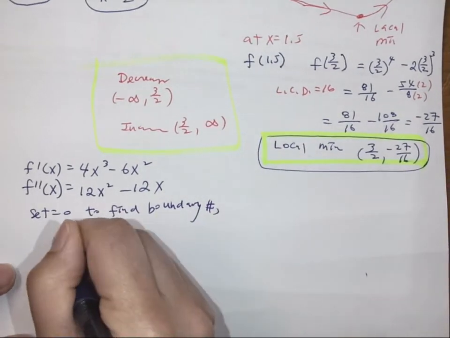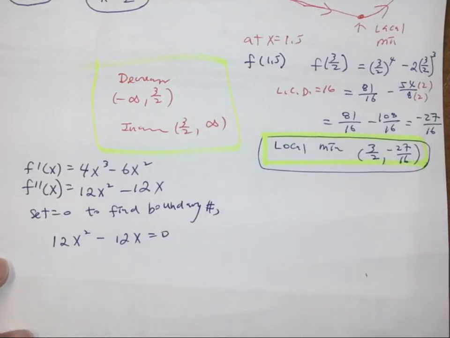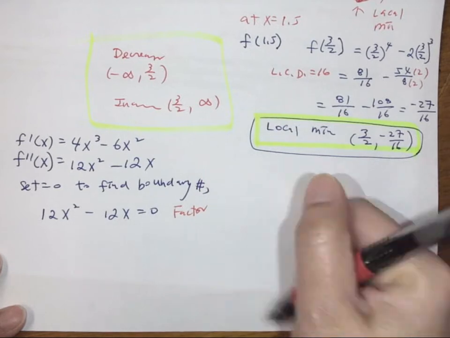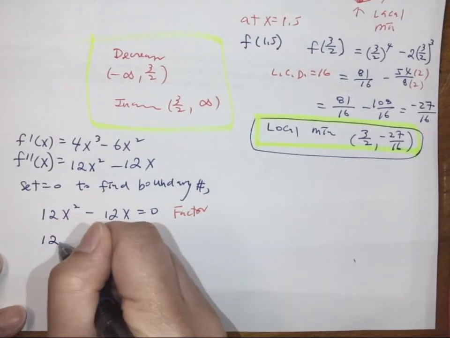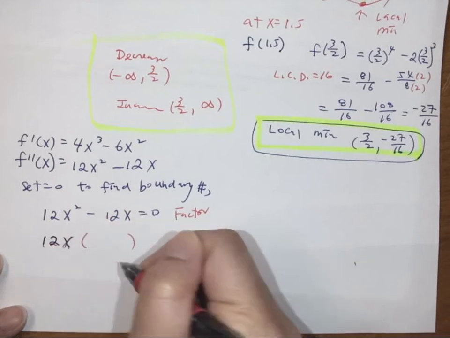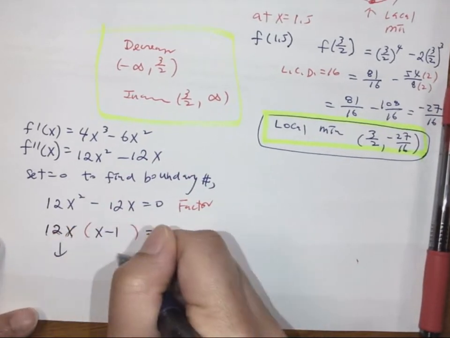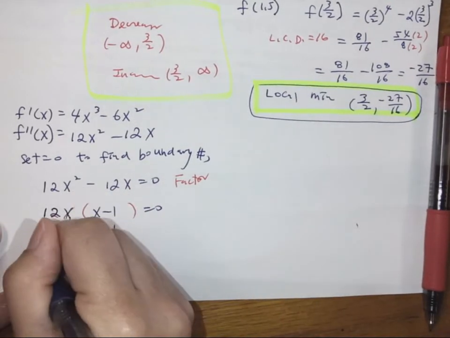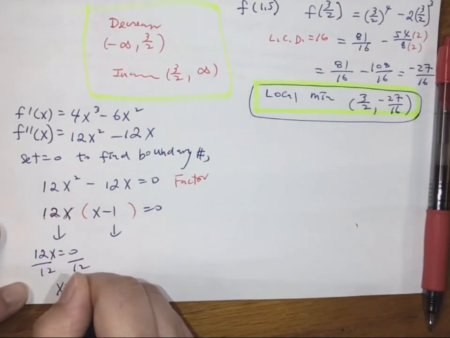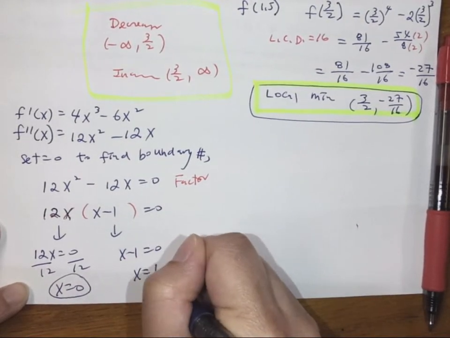Okay, so 12x squared minus 12x equal to 0. So we do the same thing, right? We factor. So pull out 12x times x minus 1 equal to 0. So set them equal to 0. 12x equal to 0, divided by 12, x equal to 0. x minus 1 equal to 0, x equal to 1.